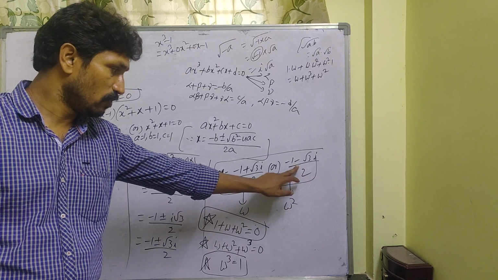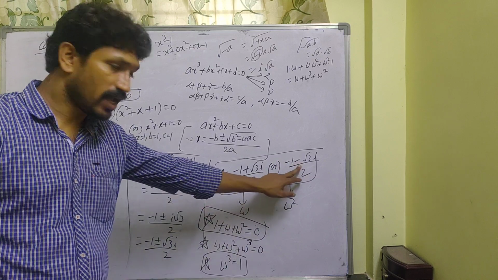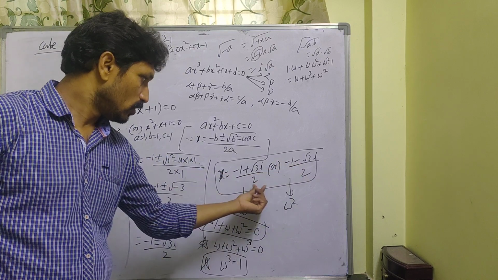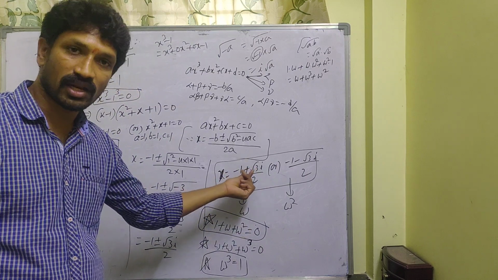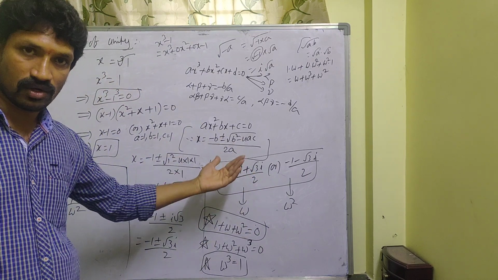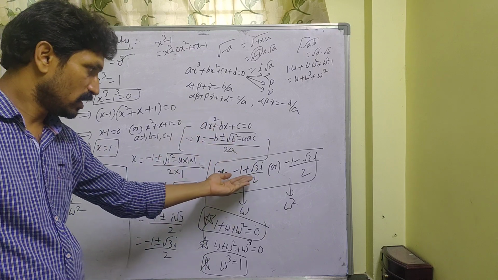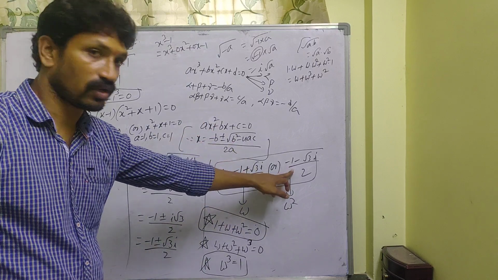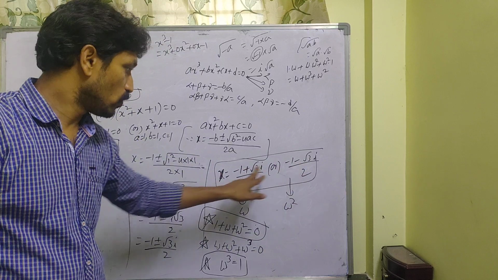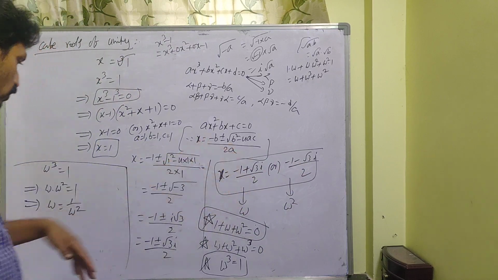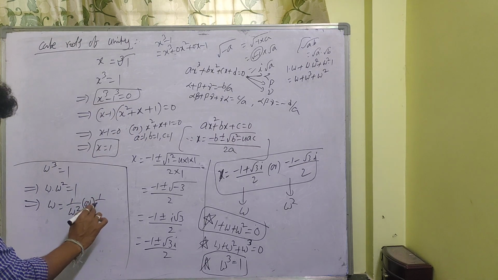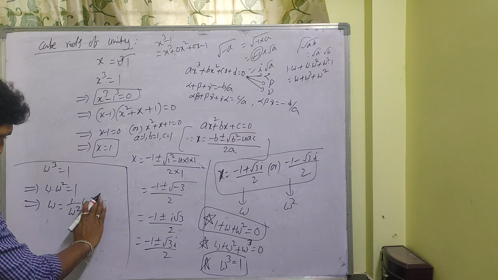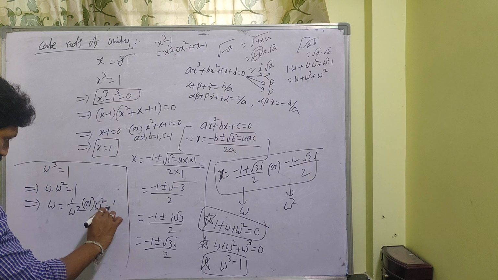If you simplify 1 by minus 1 plus root 3i by 2, that means in denominator complex number you have, by taking its conjugate and simplifying, you get this one. Or 1 by this one, you get this one. I will explain, no problem. So omega is equal to 1 by omega square, or omega square is equal to 1 by omega also you can write.